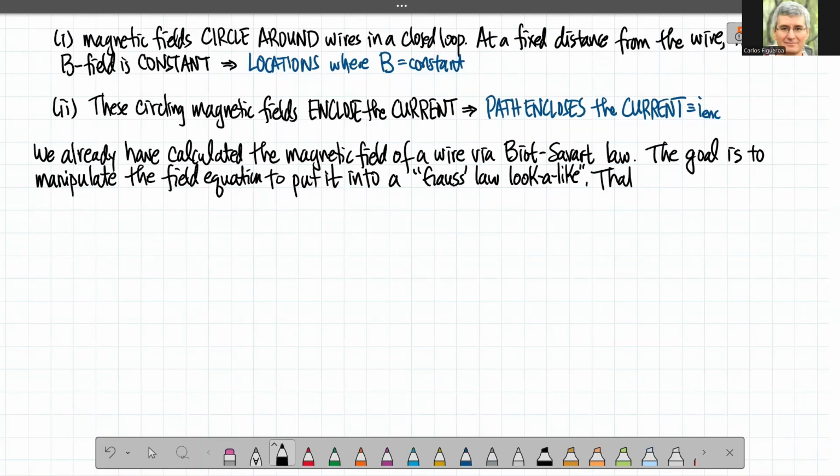That is, we want to reverse engineer to get Ampere's law.